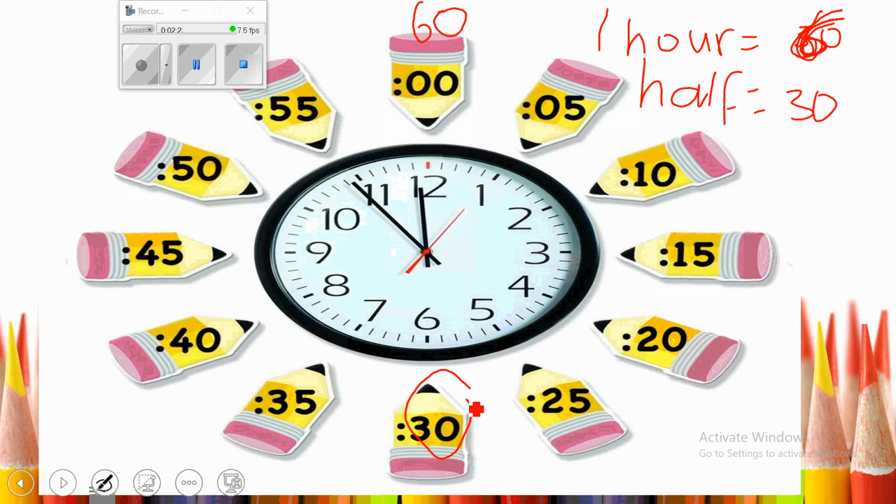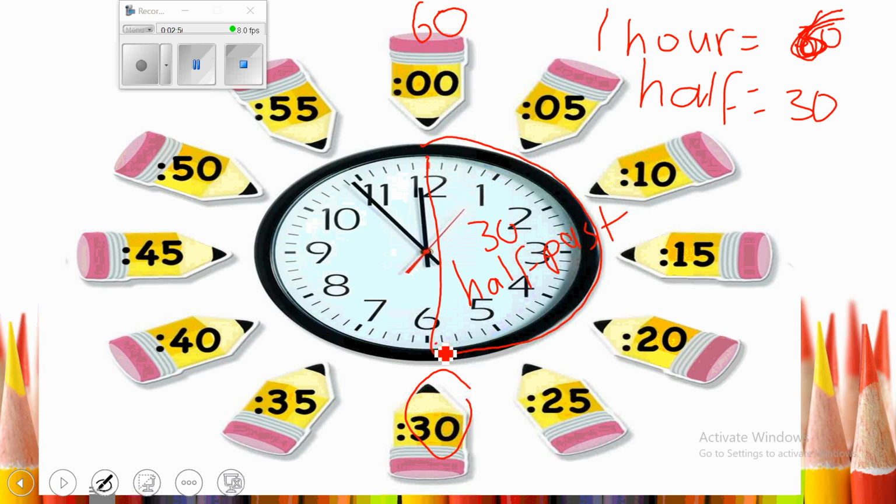So where is 30 minutes? It's here. If the minute hand moves from 12 to 6, I complete 30 minutes, which I call half past. Again, from 12 to 6, it's 30 minutes, so it's half past.